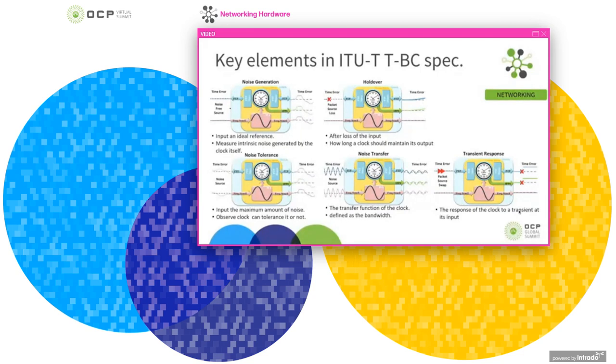So the first one is to protect the overall backbone system. And the second one is noise tolerance, because in real situations, the system will have a noise source. So the second one is to protect our DUT.